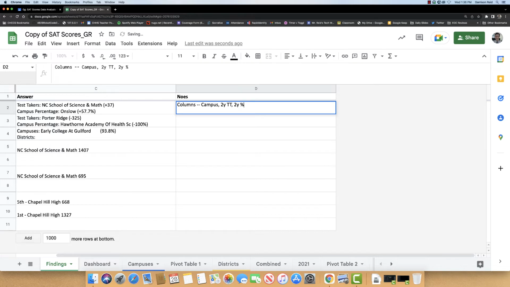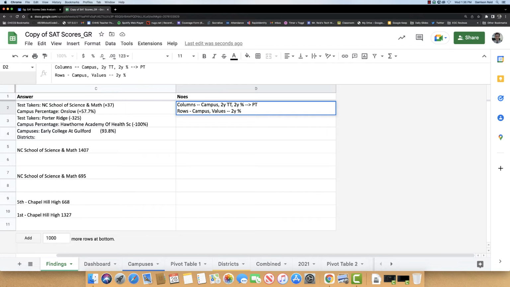Then we made a pivot table. In our pivot table, rows were campus, values were initially our 2 years, whether that's your test takers or your percent, same idea.